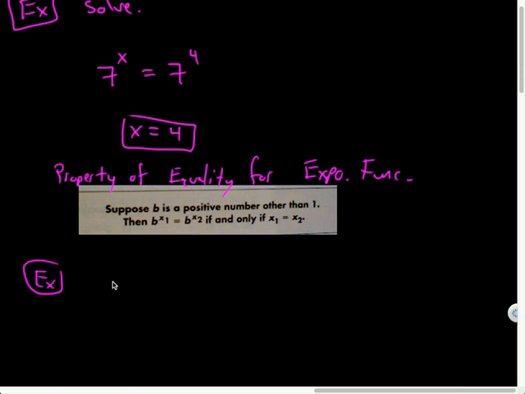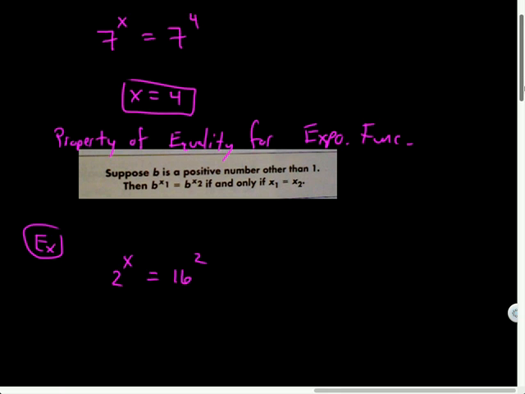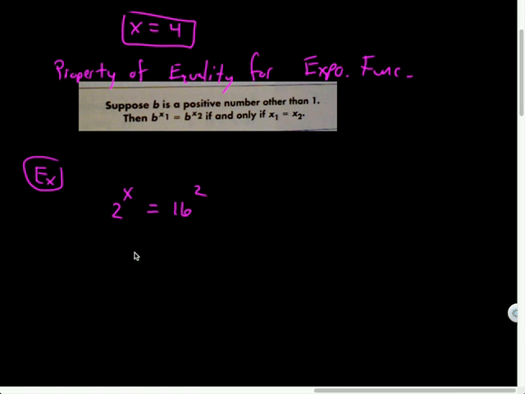And now, of course, the first thing I'm going to do is mess this up. So if I have 2 to the x equals 16 to the second, the problem here, of course, is that the bases are no longer the same. However, I coincidentally gave us a problem in which they can be written as the same thing.